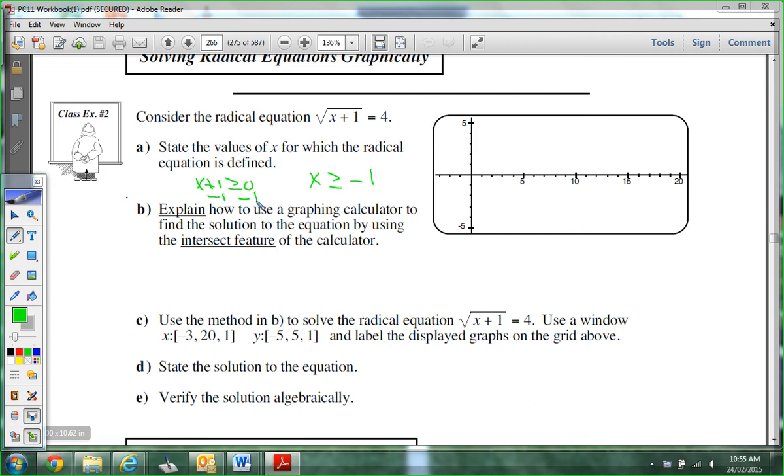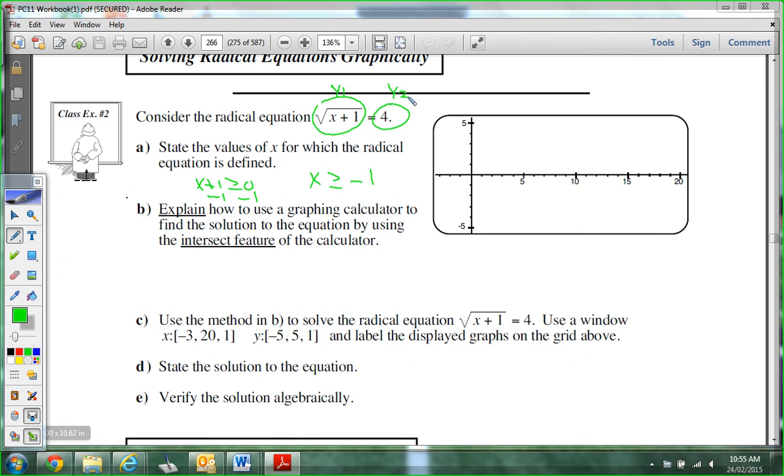Next says explain how to use a graphing calculator to solve using the intersect feature. Intersect is where you make two graphs, and where they cross, or intersect, that's where the name comes from, is the answer. So you're going to take the left side as y1 and the right side as y2 in your calculator.